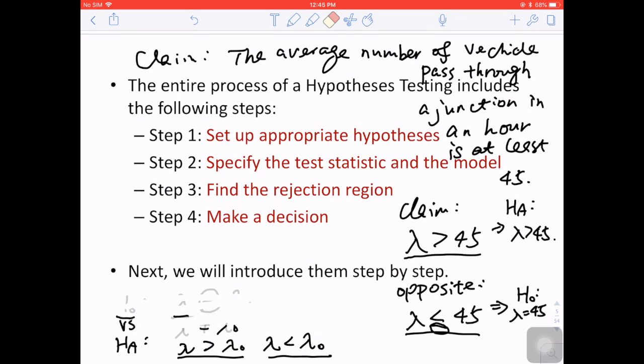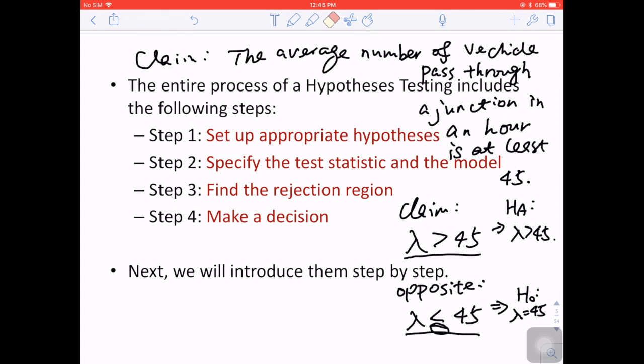So I'm going to repeat this rule again. In this class, I'm going to set up my null hypothesis as the parameter of interest is equal to something. But to be more specific, I'm going to start with my claim.